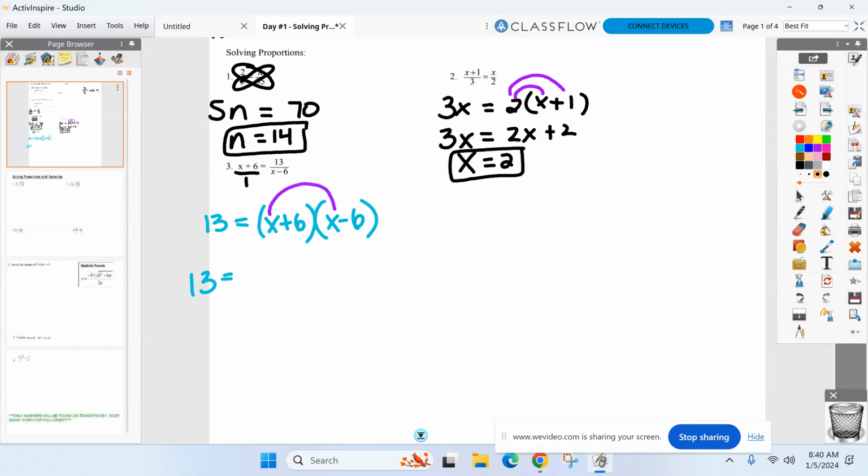x times x. If you're going to say 2x, please leave immediately. x squared. Now you got to go again. x times negative 6. Negative 6x. Okay, is everyone good there? Next up, this is why I said double. You got to do it twice. Now you distribute the 6.